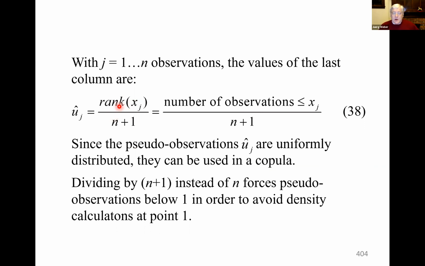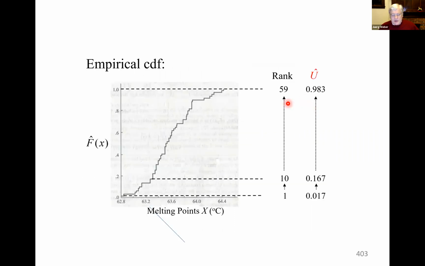The rank, also note, is the number of observations where you have a value less or equal xj. So rank number 10 is just the number of observations where the value is less or equal here 63 something, and that is 10.